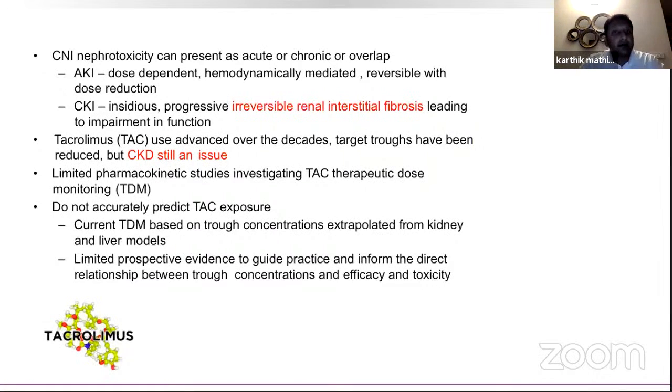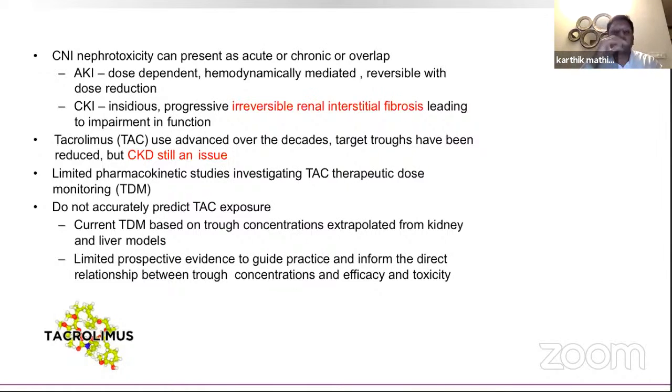And like I said, what kind of nephrotoxicity do CNIs introduce? They lead the kidneys to irreversible renal interstitial fibrosis, leading to impairment in function. So at a histological level, they go into interstitial fibrosis of the renal cells.